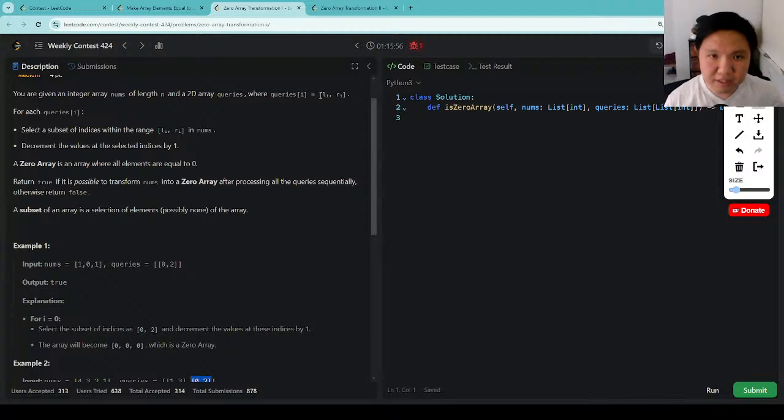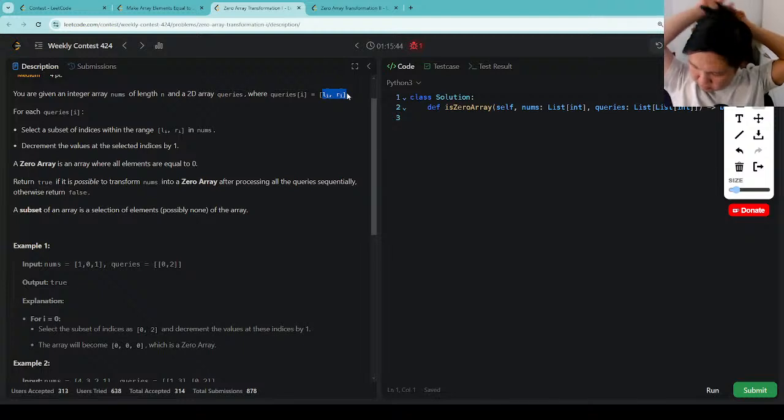So one thing I can think of is I can sort these guys. I can sort the queries.